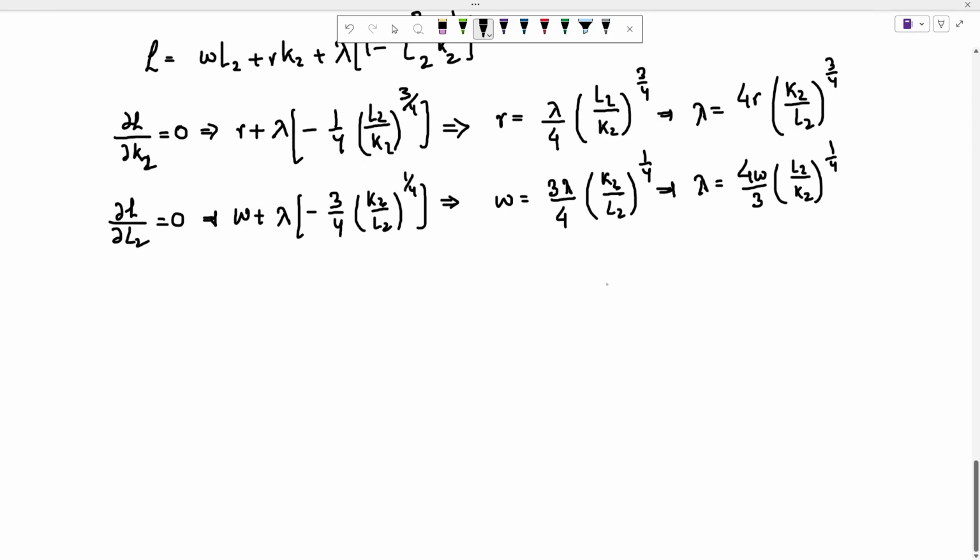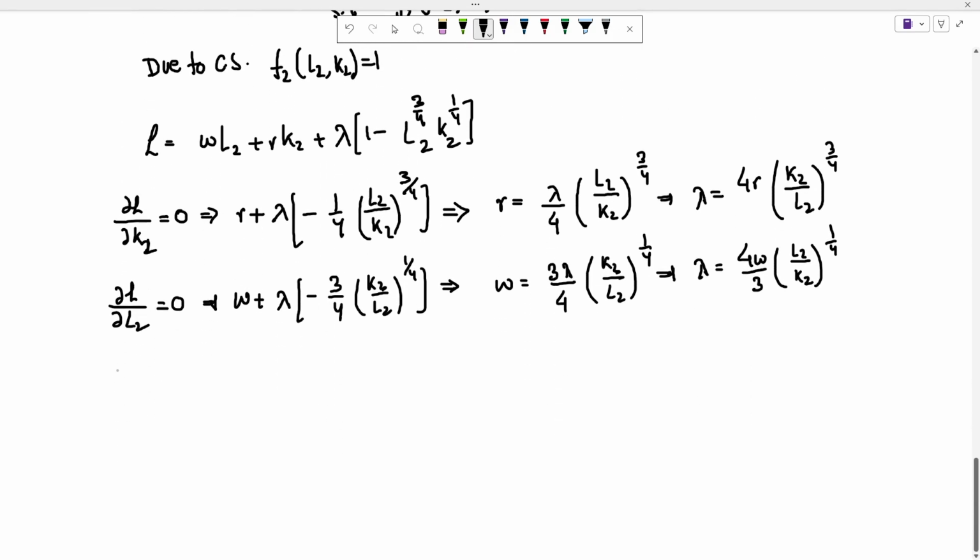Right, and we are still going to have that. So we have these three things.